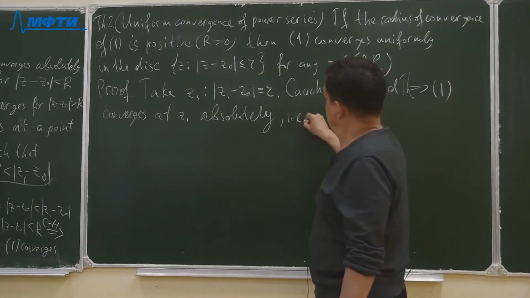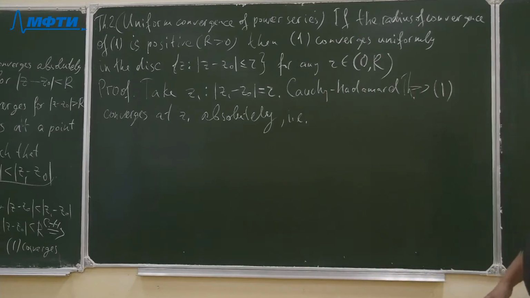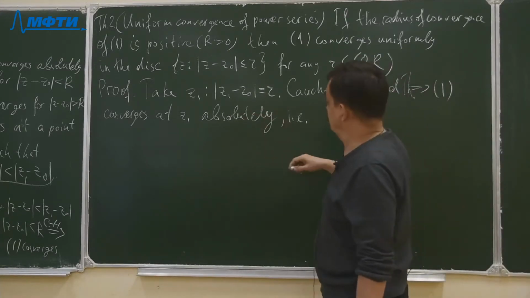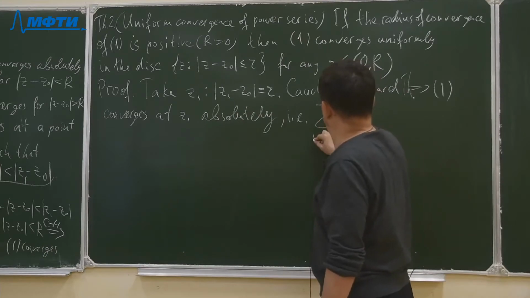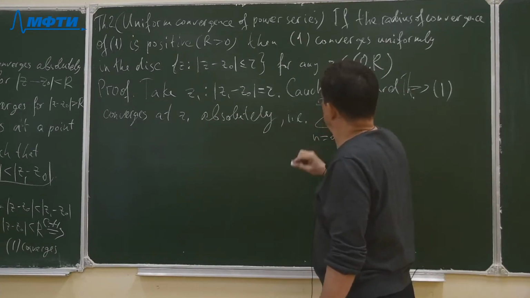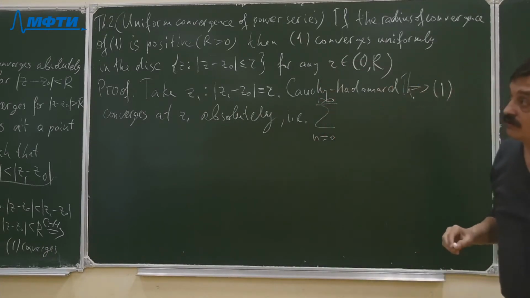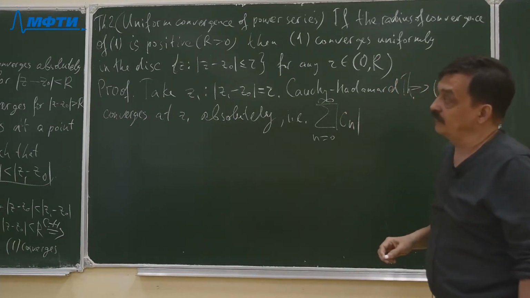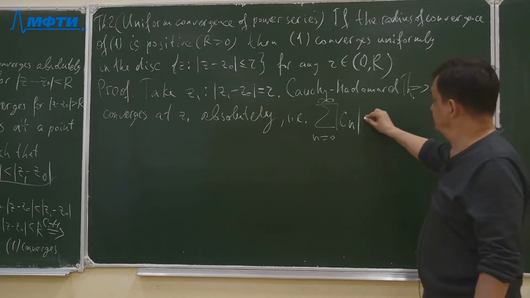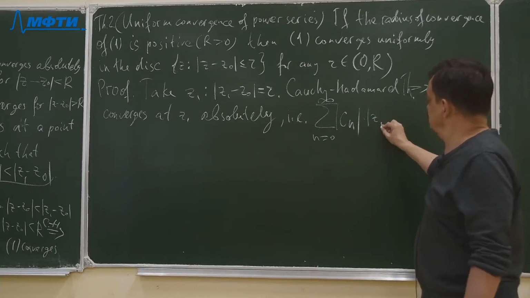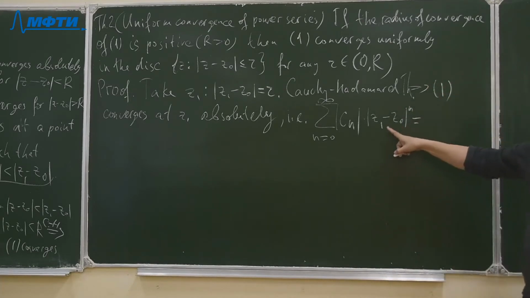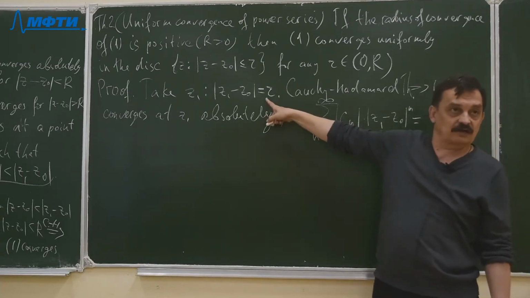What does it mean? Let me write down what it is. So, converges absolutely, it means that when I put modulus, so modulus of cn, and then I should put modulus of z1 minus z0 to the power n, where |z1 minus z0| is little r.